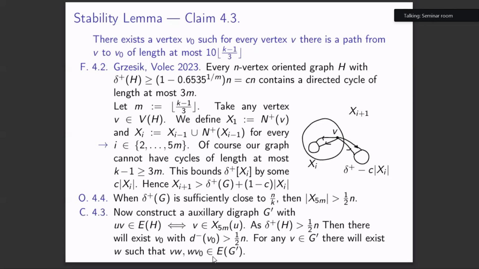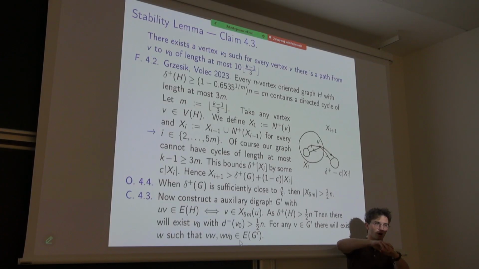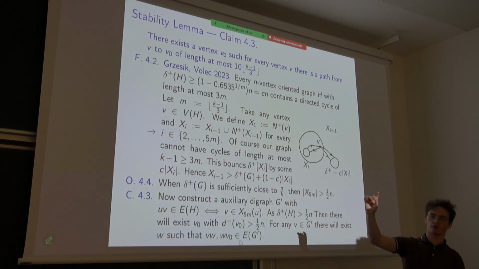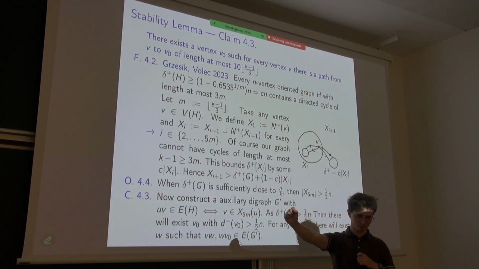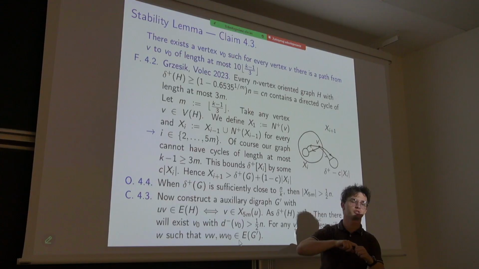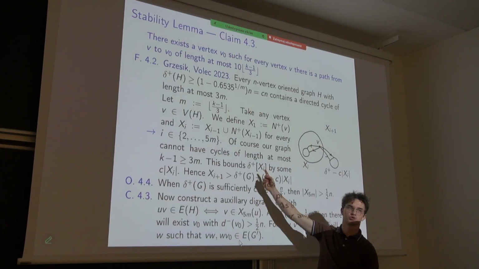Now, what happens when we have this: we know that for every vertex there are at least half of the vertices of the whole graph such that there is a path from this vertex to them of length at most 5m.